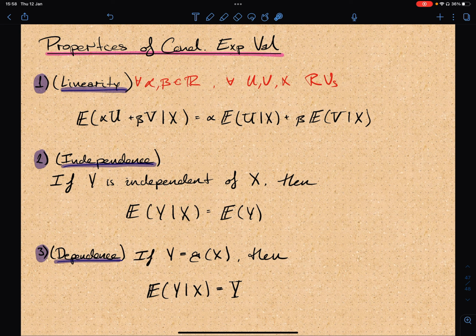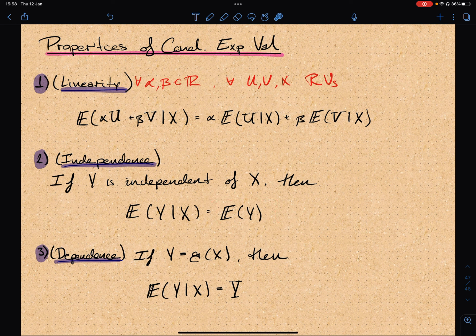In this case, if y is independent of x, then we have no information about y from being given x. So the best approximation that we can do is the best approximation we can do with no information, which is just the regular expected value.